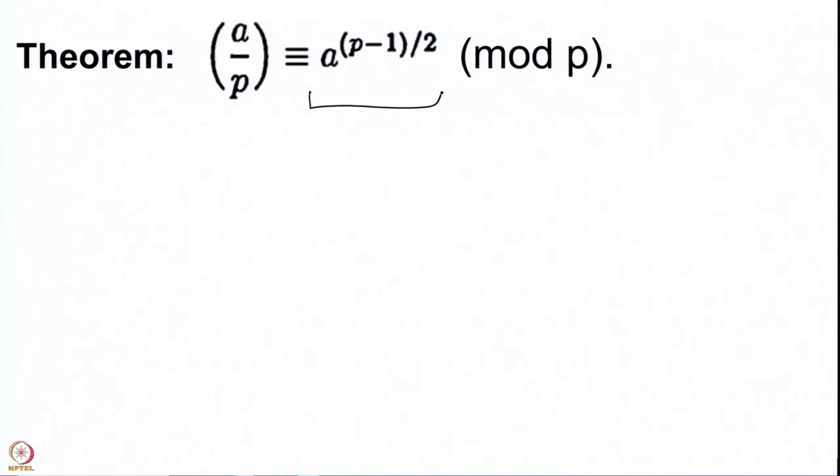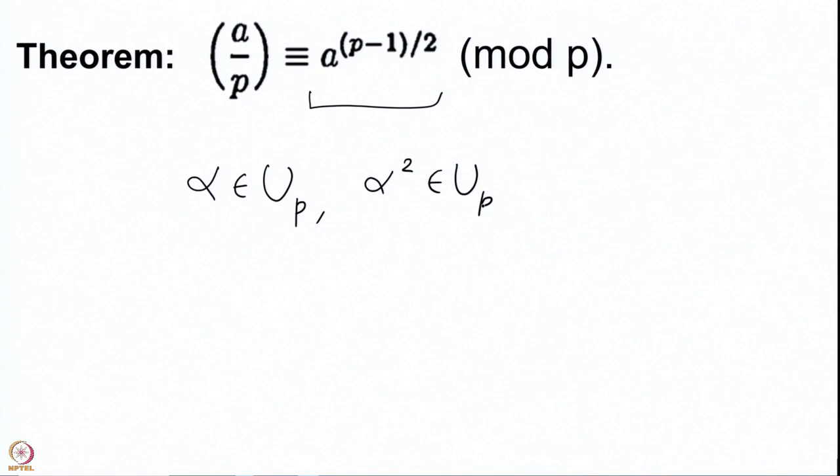What a computer typically can do very easily is compute squares of elements. Whenever we are given any alpha, a computer would be able to compute alpha square for you. Of course, we could use this to compute all squares, but that would be too huge.